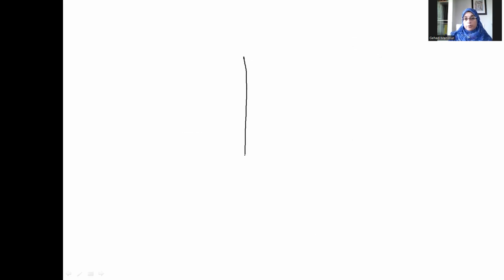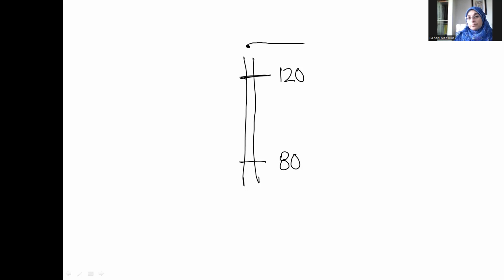I'm going to draw again the vertical glass column. So say, for example, that the normal pressure is 120 over 80. When you are above 120 in the cuff around the arm, the artery is totally occluded and there is no sound at all.